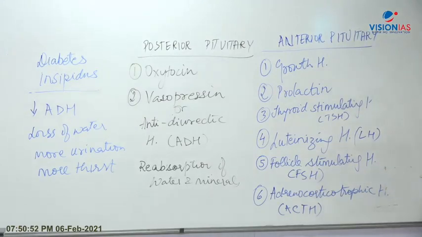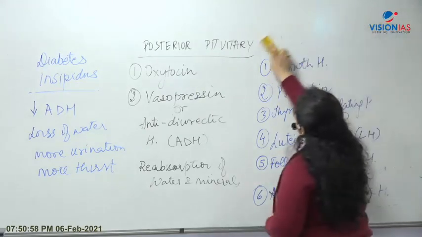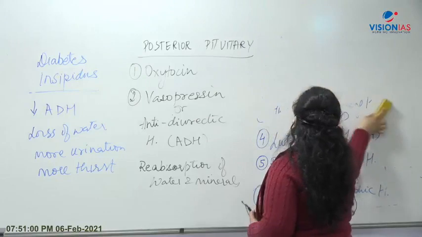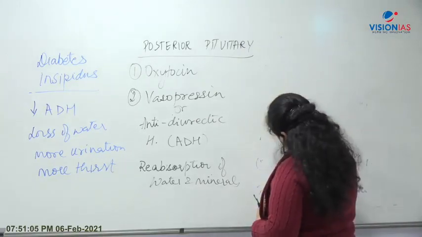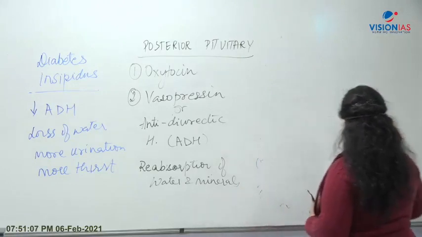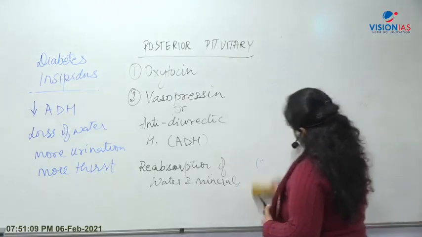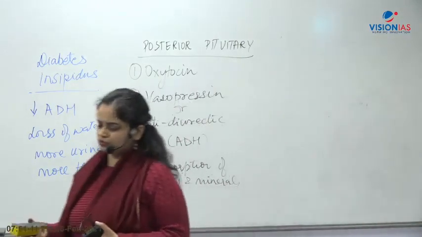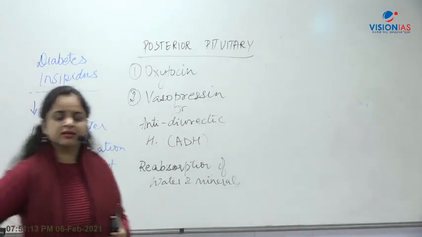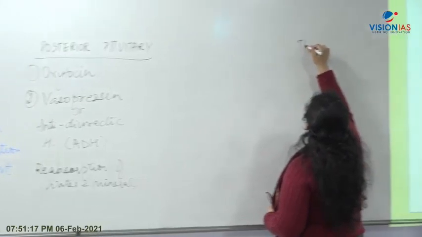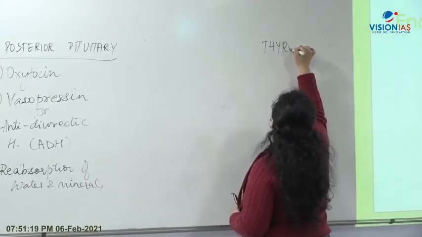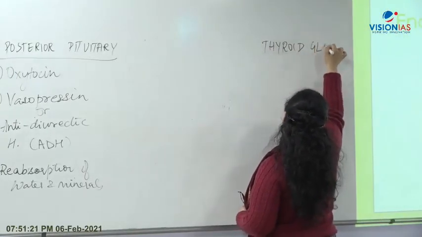After the pituitary gland, let's talk about the thyroid gland. We're only going to talk about the main hormones. There could be more also, but I keep trimming the content according to what is relevant for you.